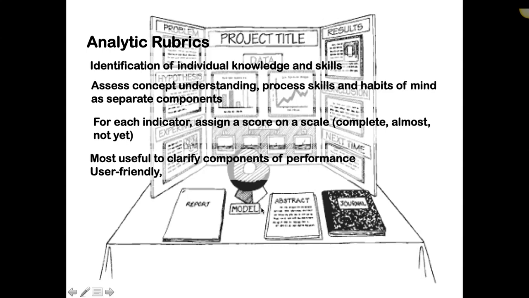So you're going to develop some indicators, and each indicator you're going to grade. So you score them. Okay? So rubrics are very important, especially analytic rubrics. That's good for you, and also for your students.